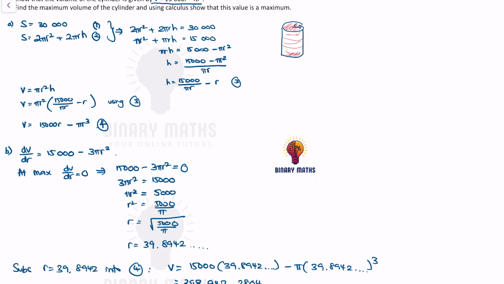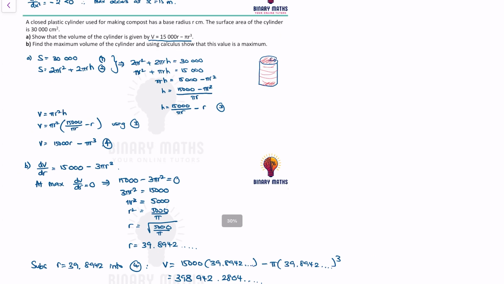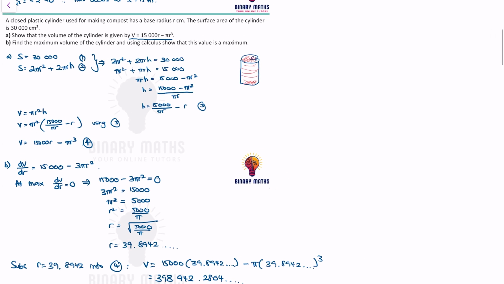If I round it to 2 decimal places, that is equal to 398,942.28. It was measured using centimeters, so it will be centimeters cubed. Let's rewrite that again.